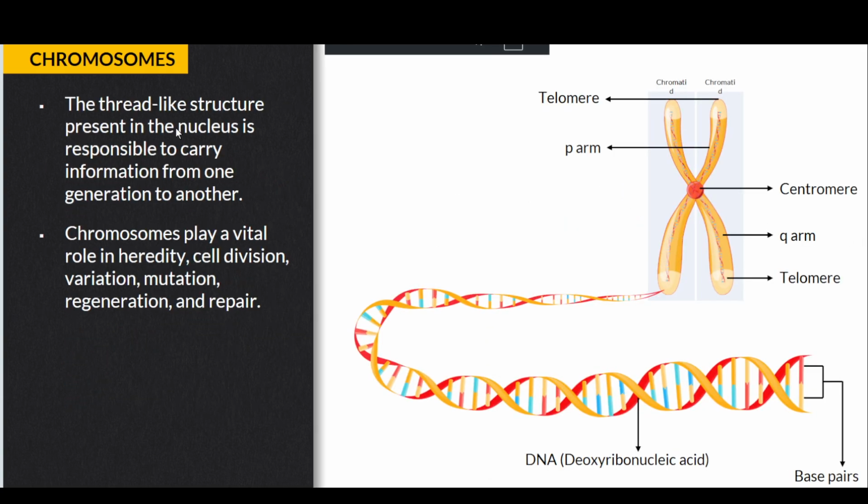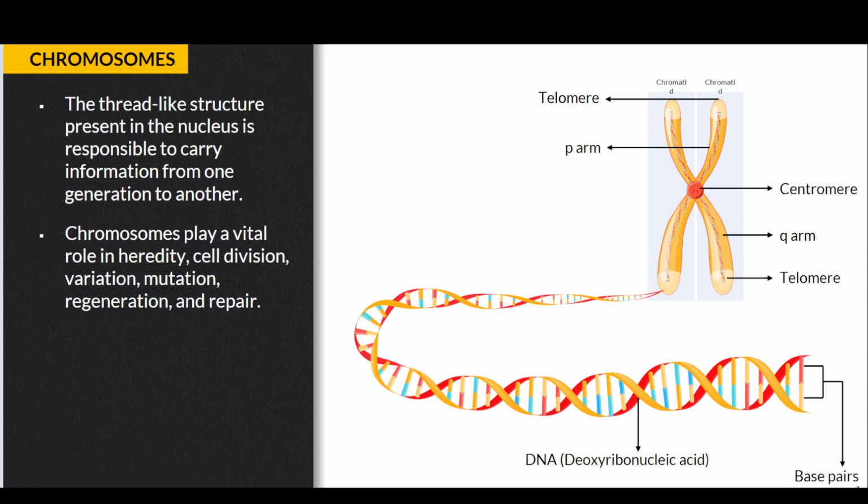Let's see chromosomes. Chromosomes are present inside the nucleus of the cell. We know our body is made up of cells, and they have a nucleus. Inside the nucleus we have chromosomes, which are thread-like structures responsible for carrying information from one generation to another.